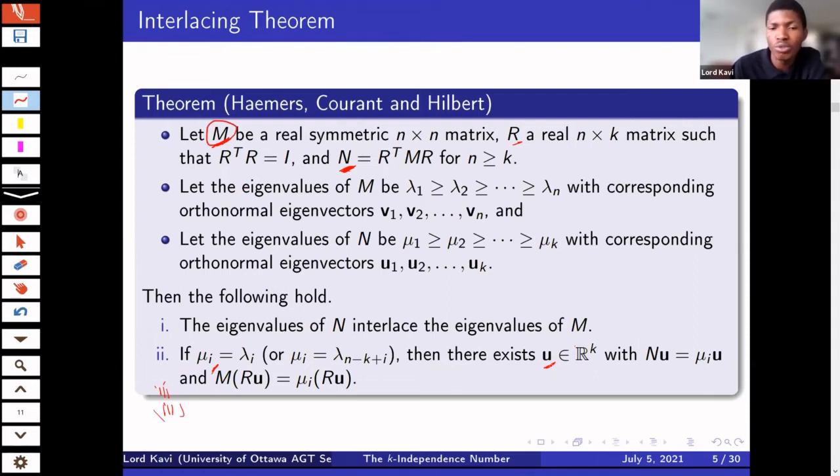We just pre-multiply the vector u by the matrix R. So when we know the eigenvector for the matrix N, we are able to get the eigenvector for the bigger matrix.